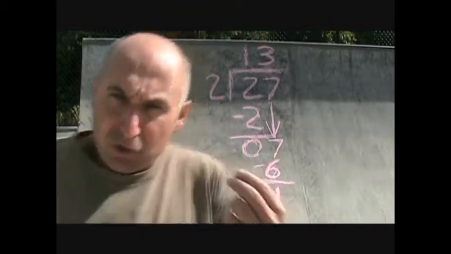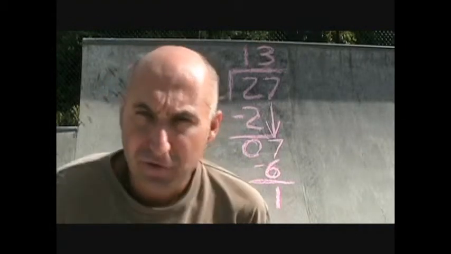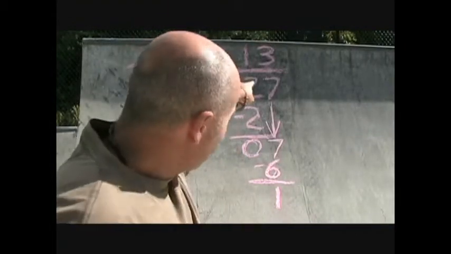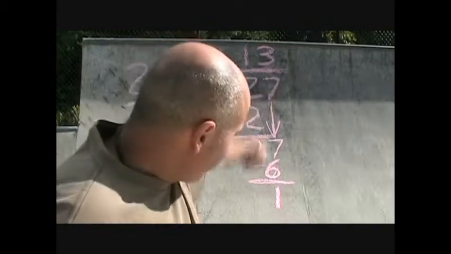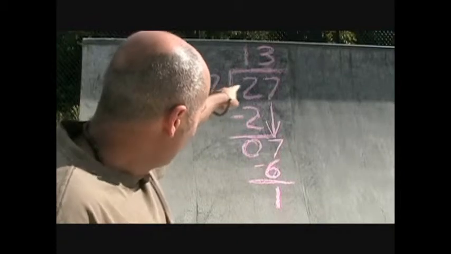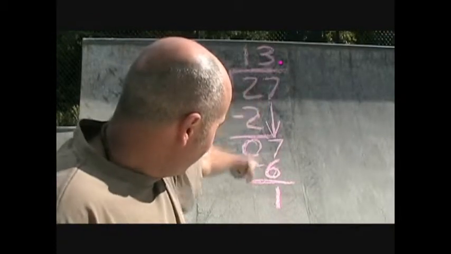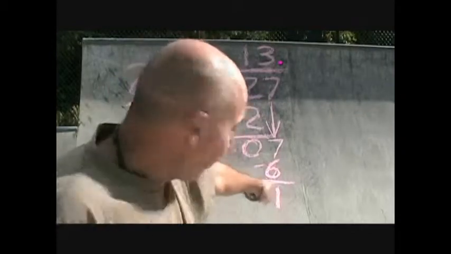Now, 2 doesn't go into 1. And what you could do, if you're looking for decimals, is put a decimal after the 3 and then start adding zeros and continue from there, right? If you did that, you would put a decimal after the 3, so 13 point. As soon as you add a decimal, you can borrow as many zeros as you want and put them back here, right?